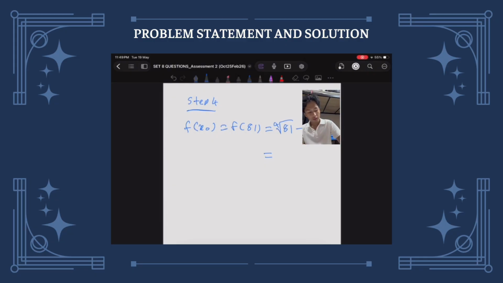So we get 25 over 9, and then we have to do f prime x0.